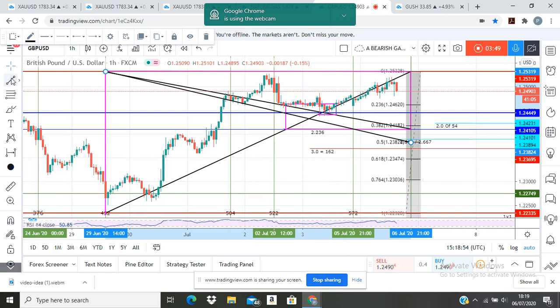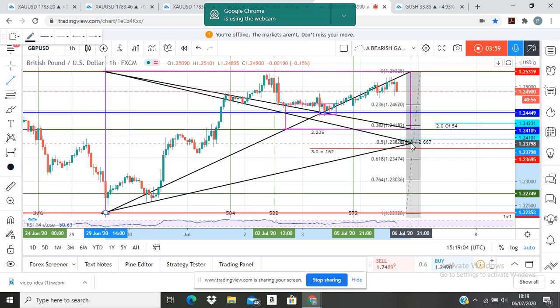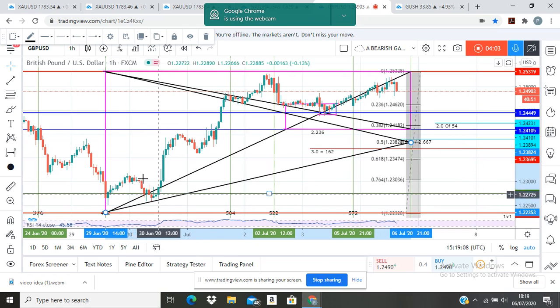If we want to draw from the opposite side also, the same thing, the half angle. So we draw it through the 0.5, and we can see how the half angle played the support here when price made this double bottom here. And we can see also from here how price action played between the half angle and the diagonal of the inverse part of the spiral.